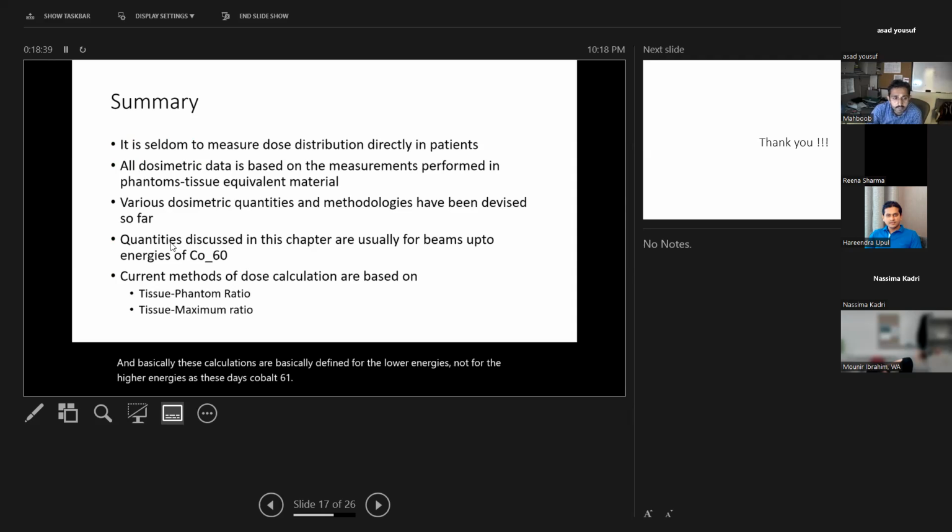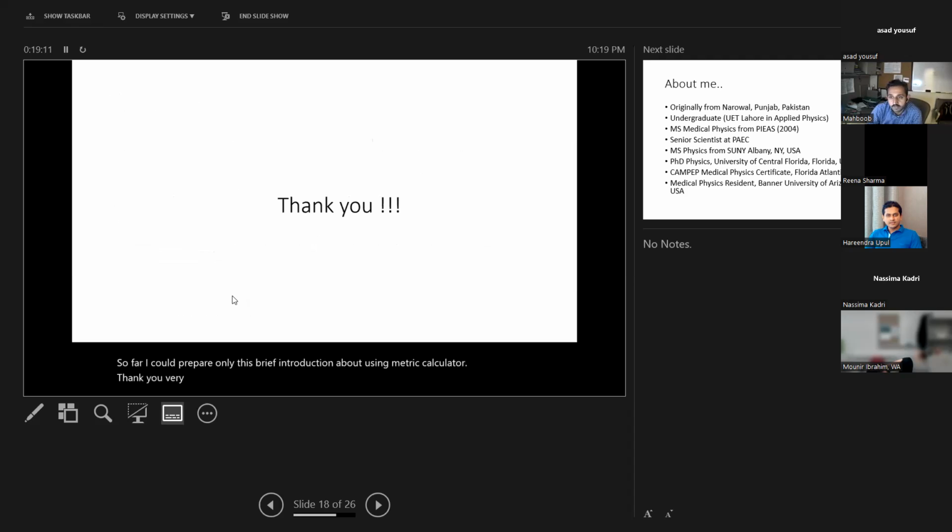For the current linear accelerators or higher energy machines, there are more factors that need to be discussed. Those are part of the next topic, chapter 10, and include tissue phantom ratio and tissue maximum ratio. I hope next time I will be able to cover those further topics with you. So far I could prepare only this brief introduction about dosimetry calculations. Thank you very much for your attendance, and thank you for giving me the opportunity to share this with you.